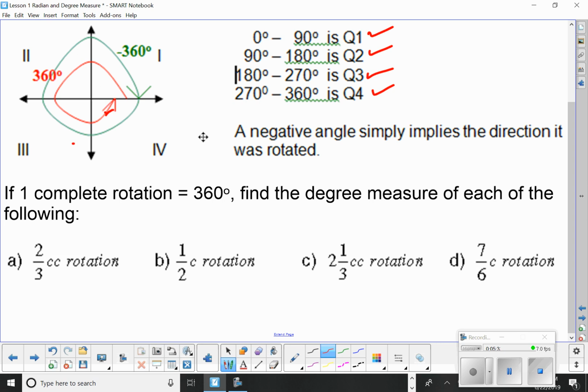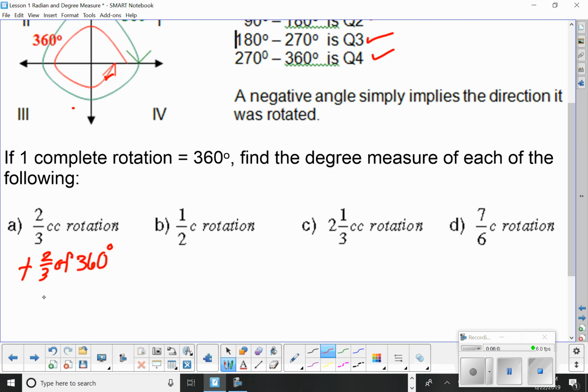So, if I say that something is 2/3 counterclockwise, CC is counterclockwise. Well, first thing you have to know is that counterclockwise means it's positive. So I have a positive angle. Counterclockwise is positive. And then it's 2/3 of 360 degrees. Well, the word of means multiply.